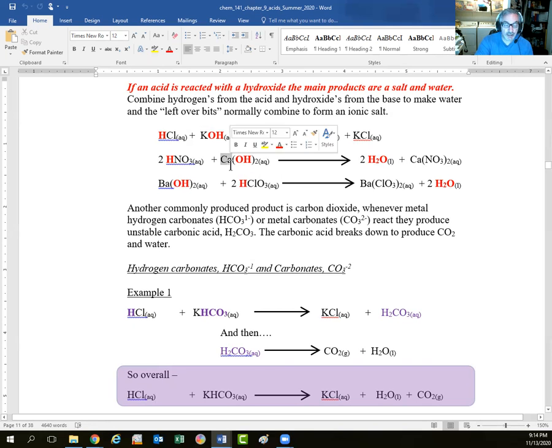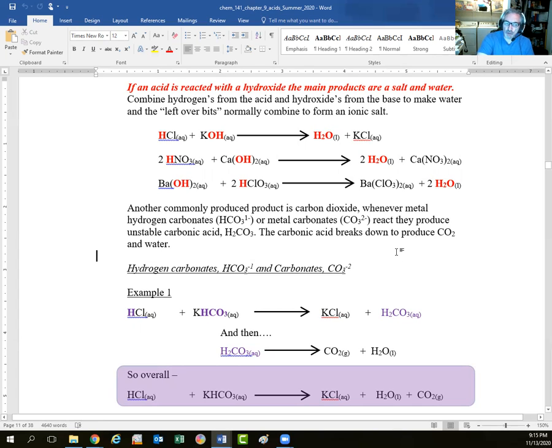That's the calcium in calcium hydroxide and the nitrate in the nitric acid. Then the hydroxide, again combining with hydrogen from the acid. We form water, two molecules, and then the chlorate ion and the barium ion left behind come together to form barium chlorate.